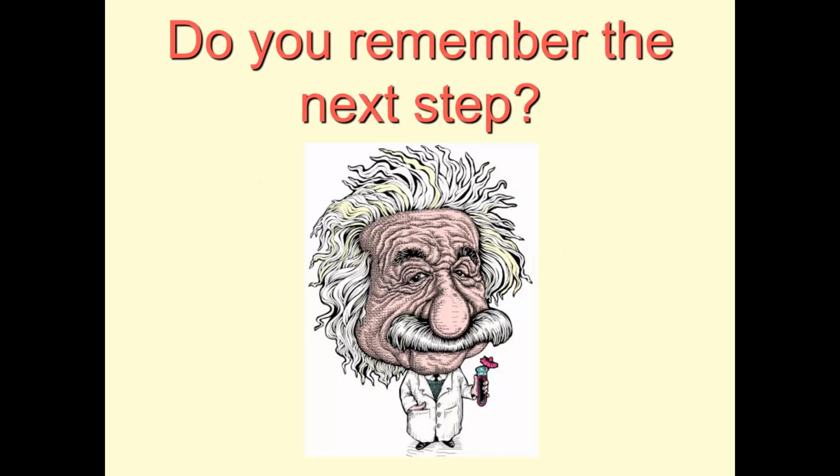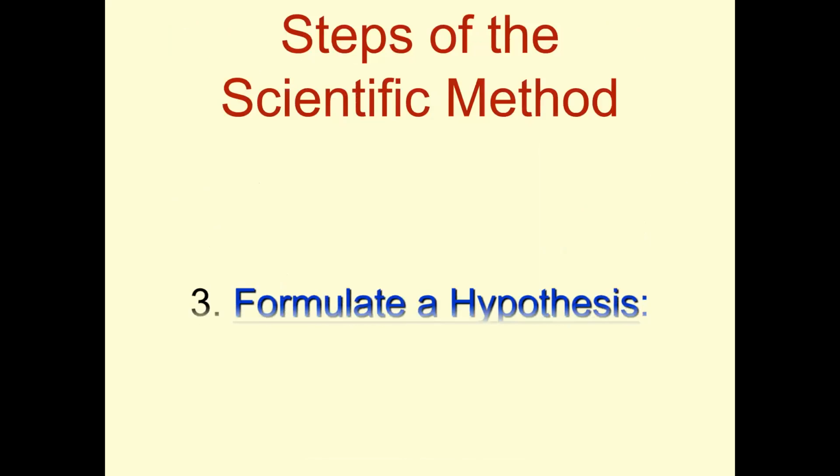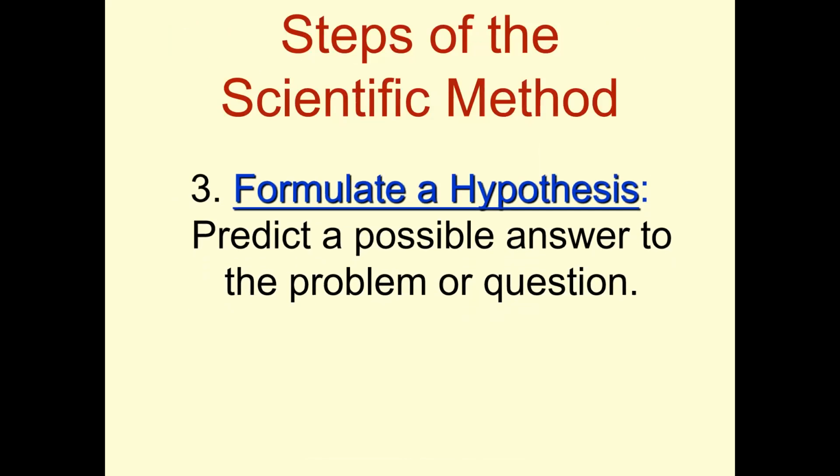And what is the next step? Well, if you remember, see, you haven't seen it enough to remember this, but it is hypothesis. To formulate a hypothesis is to predict a possible answer to that problem or question after doing your research.